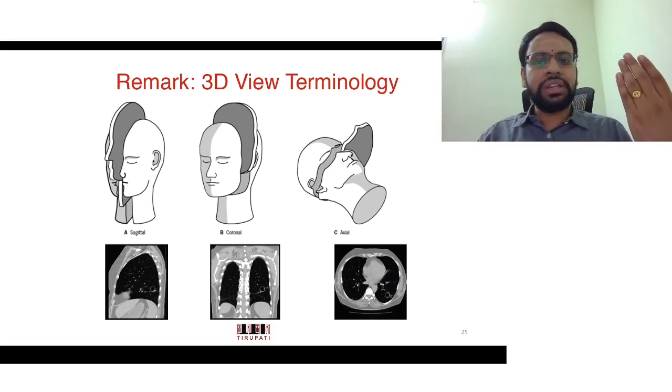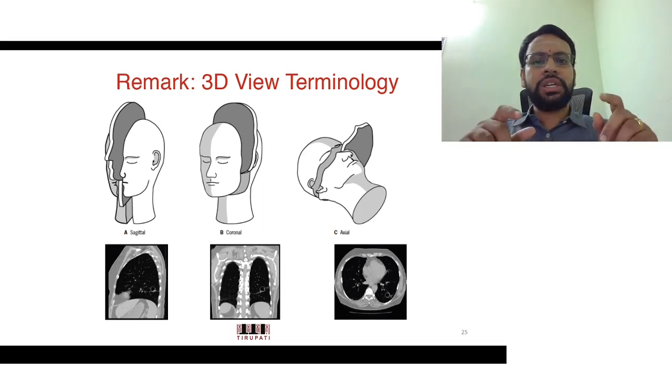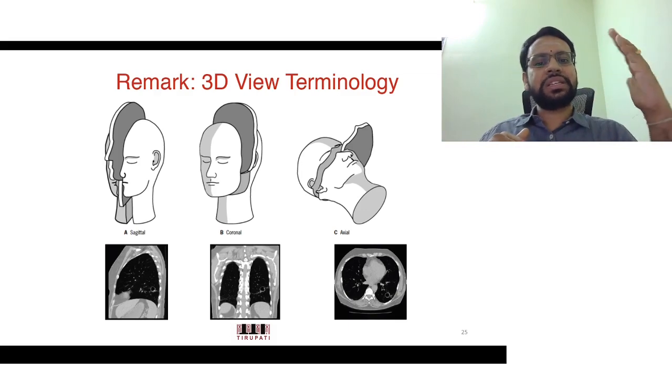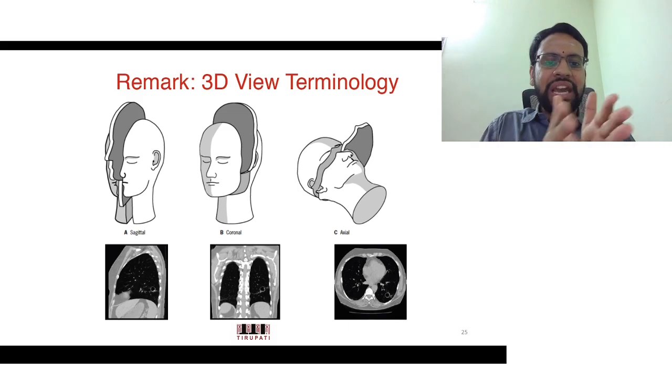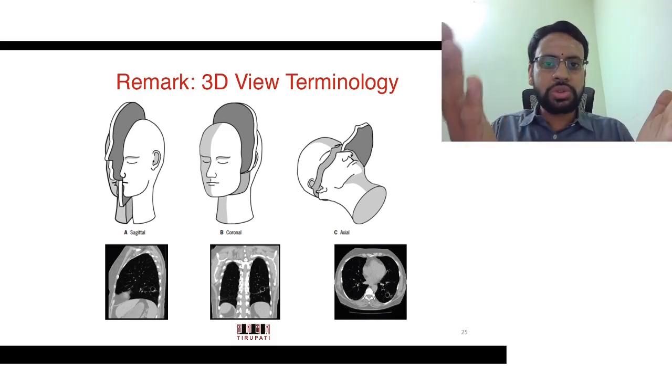What the doctors or the radiologists, and of course we ourselves in this course, will be looking at are 3D images, some of them. The way they are represented is: one is called axial slices, another is coronal orientation, and another is sagittal. These are the three directions in which you will be seeing 2D images. Essentially you want to see 3D.